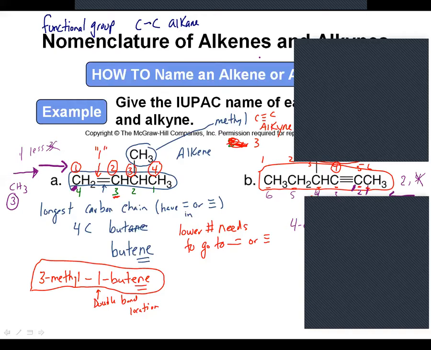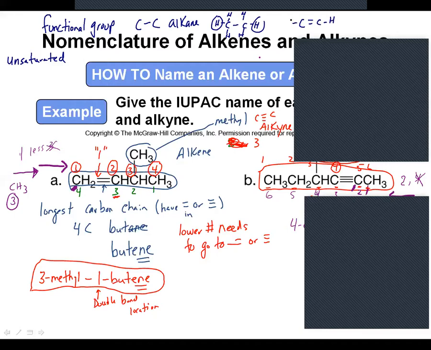Now we started talking in this chapter, chapter 11, about unsaturated hydrocarbons. Unsaturated hydrocarbons means that it has at least one double bond. It may have one triple bond. And as we've talked about a couple of times, every time you add a bond to a carbon, you will be sacrificing a couple of hydrogens.